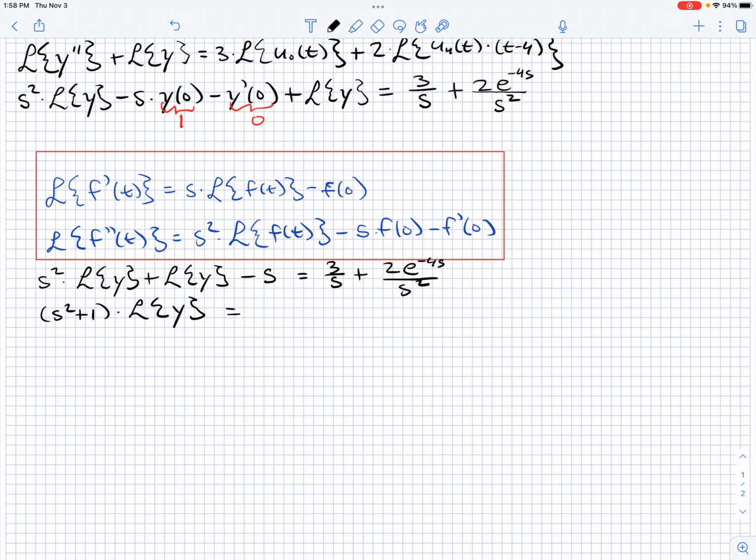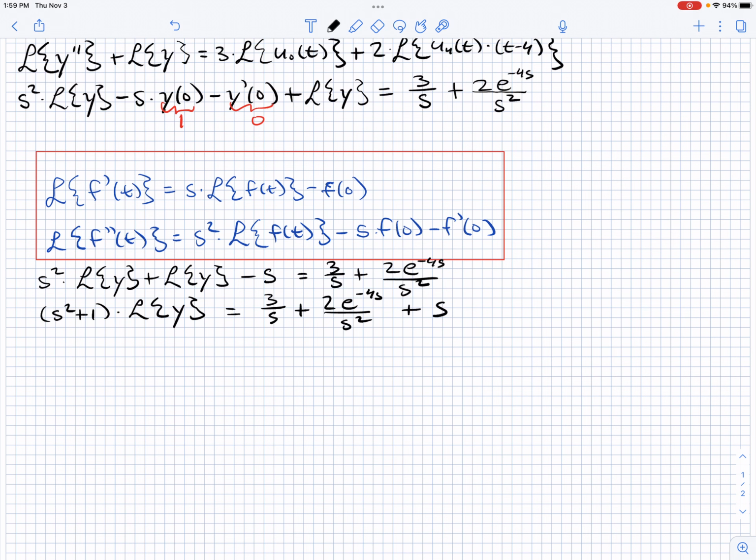being equal to 3 over s plus 2 e to the negative 4s over s squared plus that s term. And when we get the Laplace by itself, we got to divide by the s squared plus 1.